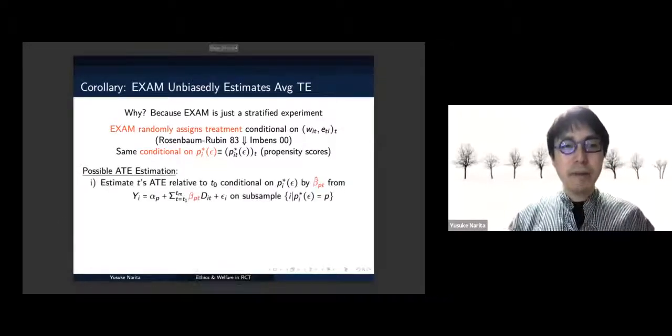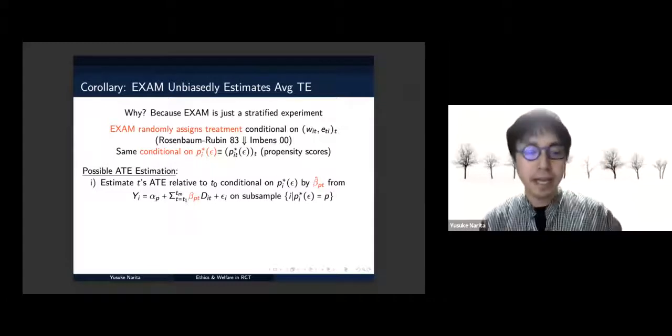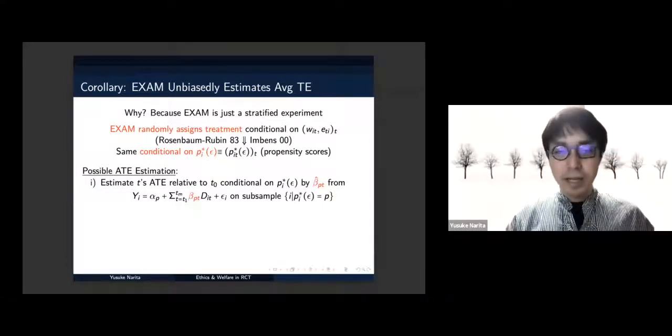Then this observation motivates a variety of possible estimators of the average treatment effect using EXAM data. So one possible way to go is just this one. That is, as a first step, let's focus on a subsample of experimental subjects who share the same value of the treatment assignment probabilities.